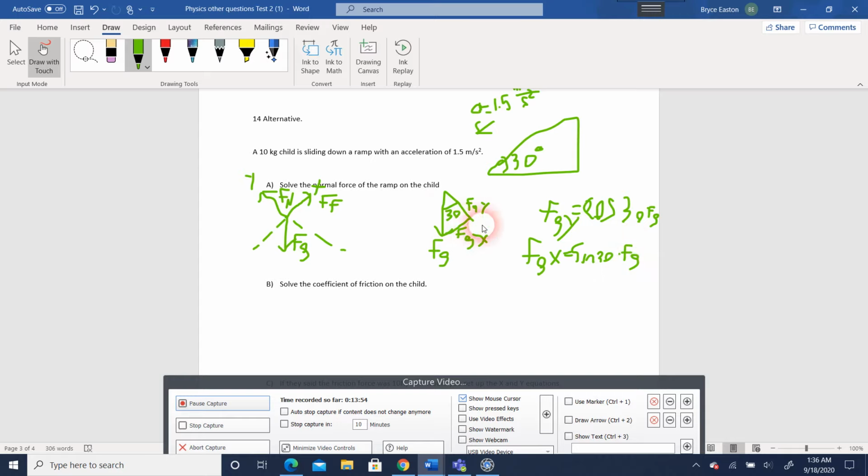So it's just the regular triangle rules. We just split it into an X and Y.